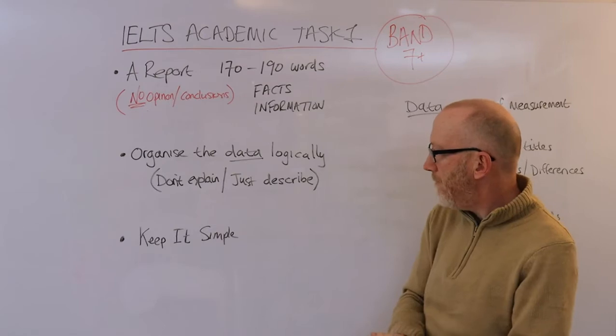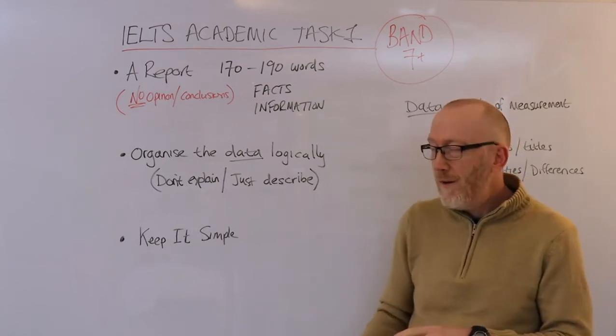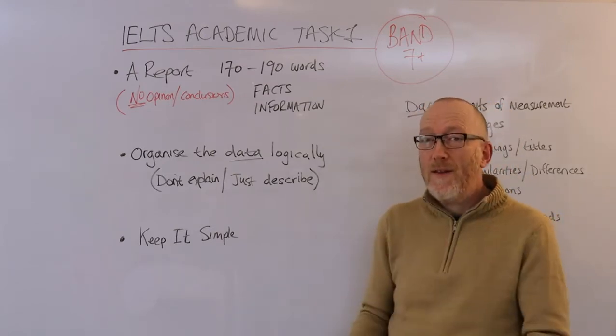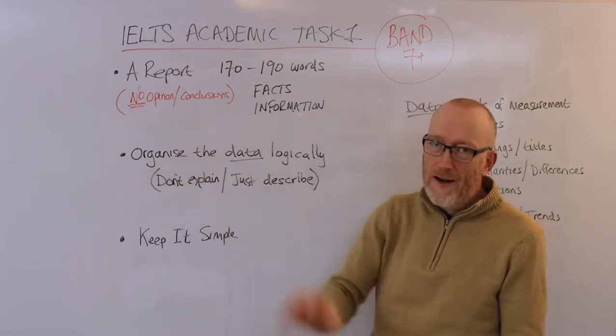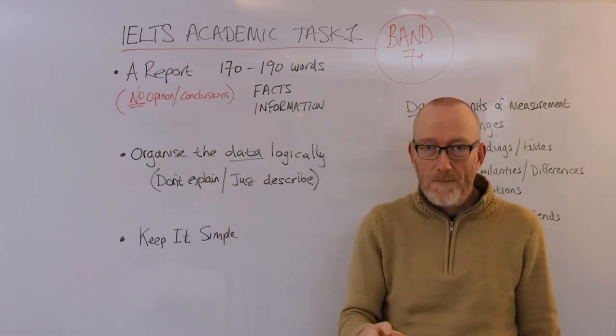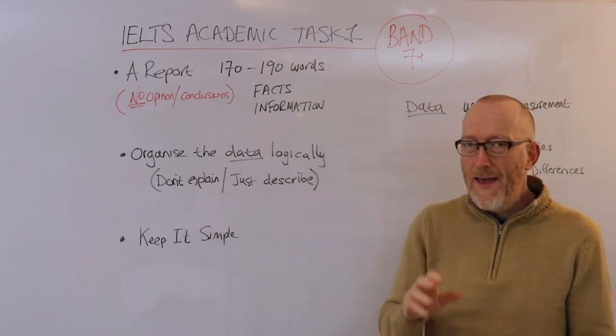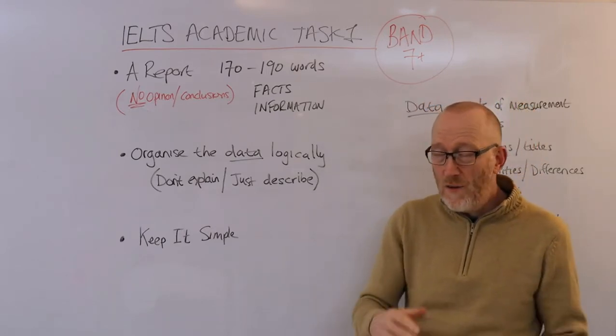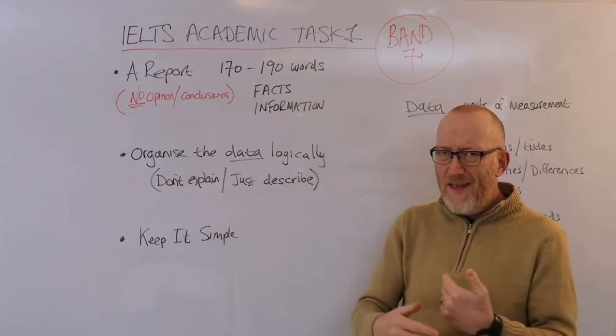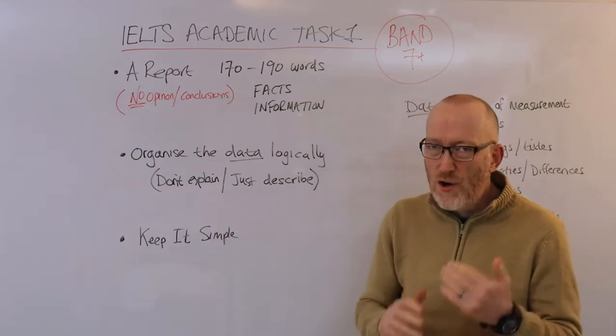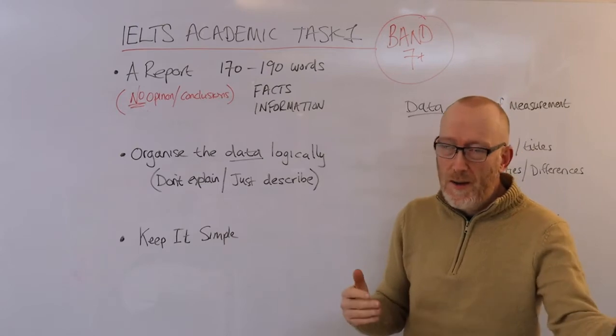It's important that when you are reporting the data it is organised logically. If your data is not organised and what you're saying is not logical, then it doesn't read very well. You're not going to get a really good high band score.